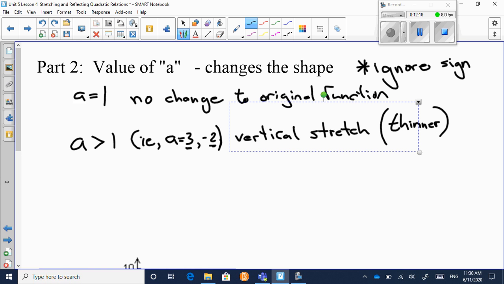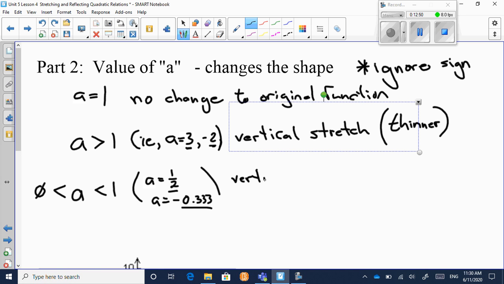Okay, now if A is less than 1 and greater than 0, so if A is a fraction, i.e. if A was equal to 1/2, or A was equal to -0.333, so -1/3. Remember, we're focusing in on the value here, not the positive or negative. So if it's a fraction, we're going to call that a vertical compression.